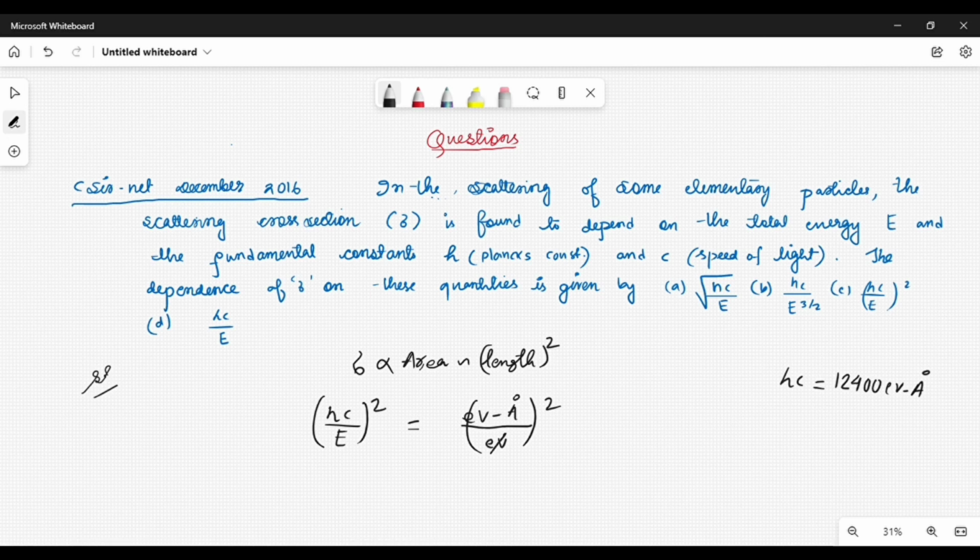Cancel this out. It is angstrom square. Angstrom is the unit of length. So that is why option C is the correct option, right? This is how you solve the questions. This was a very simple question, but you can begin with this question.